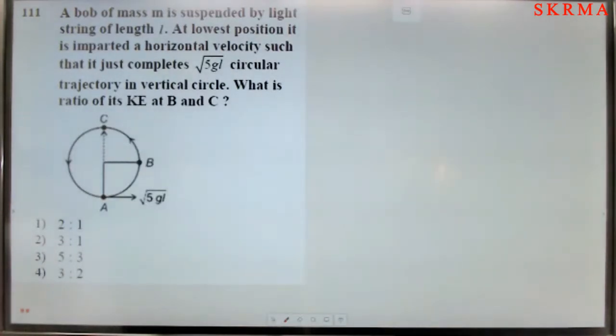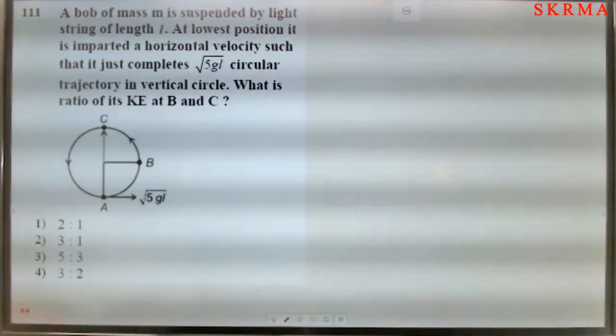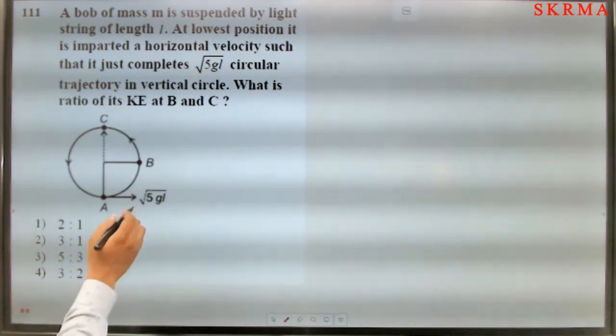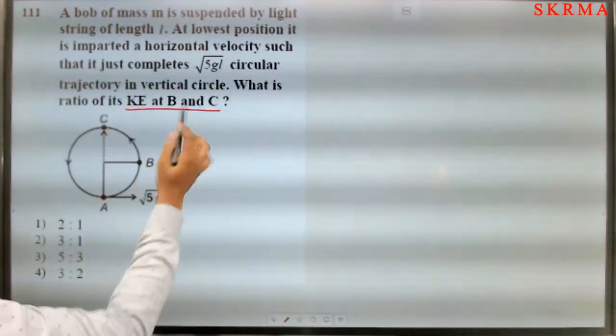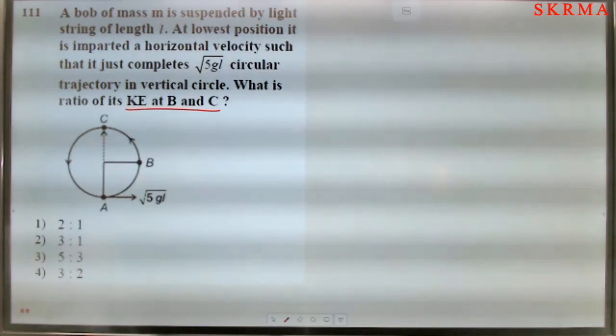Next. A bob of mass M is suspended by a light string of length L. At the lowest position its velocity is root of 5gL. Now he is asking about the ratio of kinetic energy at B and C. Now what is the velocity at B and C?